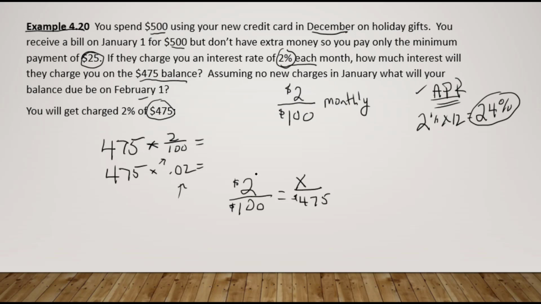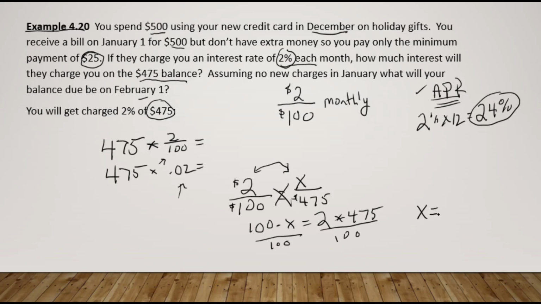So you can set up two ratios and these form a proportion, right? And we can cross multiply: 100 times x equals 2 times 475. Divide by 100. Divide by 100. You probably know how to cross multiply, hopefully.